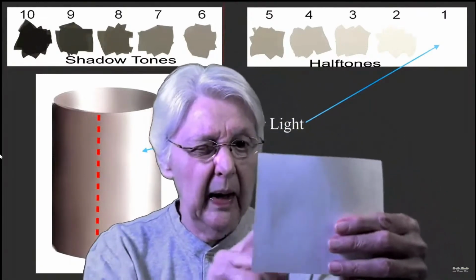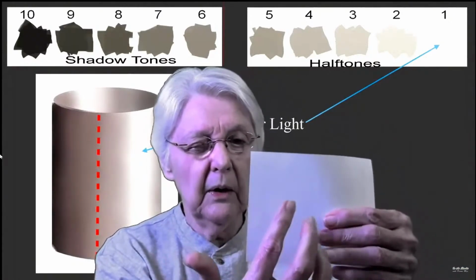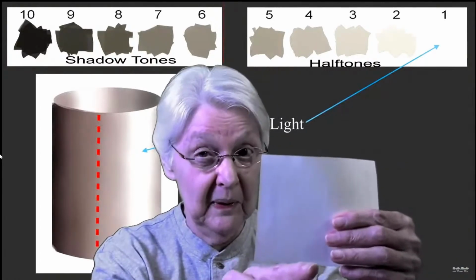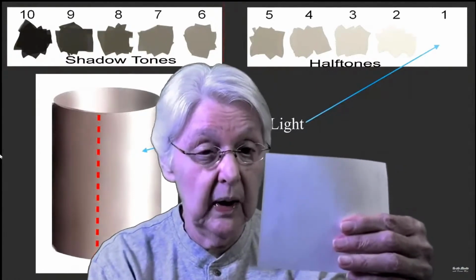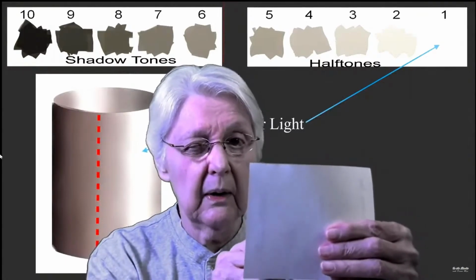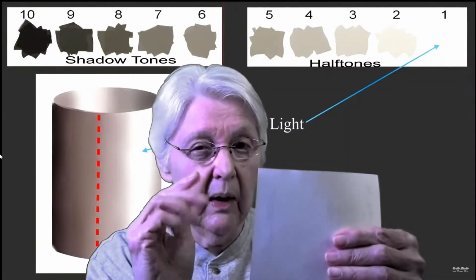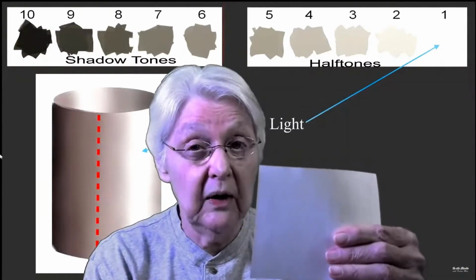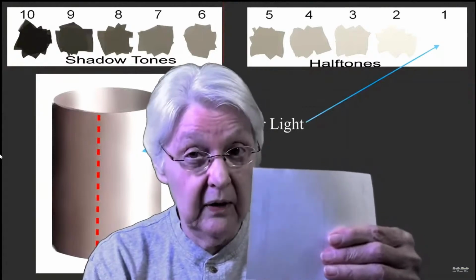Then close one eye and hold this so that you can look through and see the image, see the tomato, in this case, if that's what you're using. Close one eye and isolate the color in particular areas of that tomato, and you will actually see that there is a hue change and a value change.